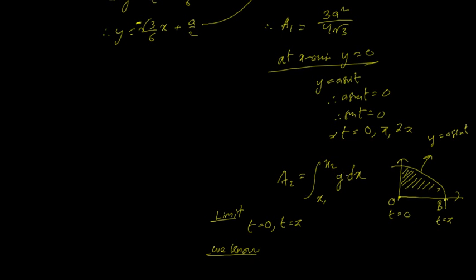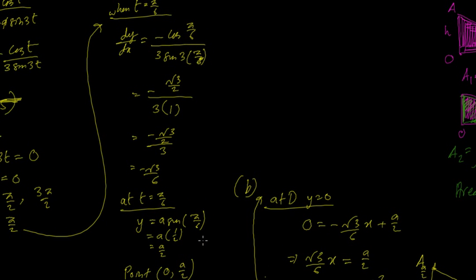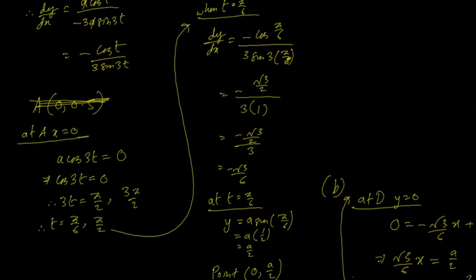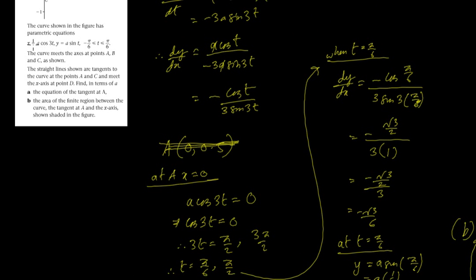Now we have to substitute dx. The first thing we have here is x equals a cos 3t.